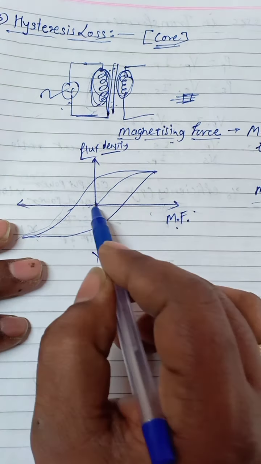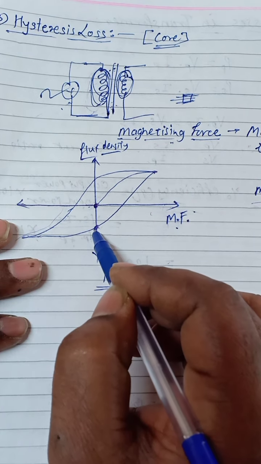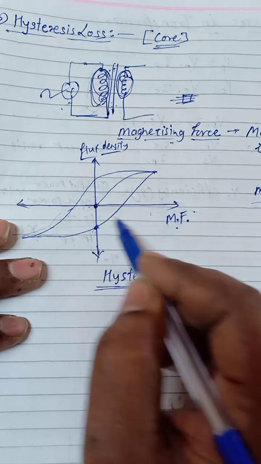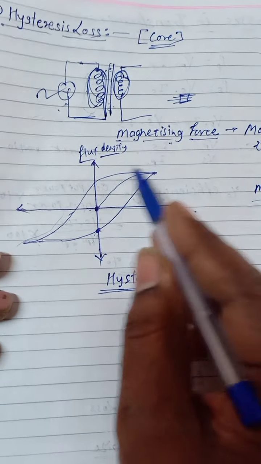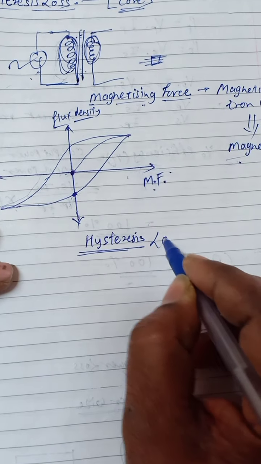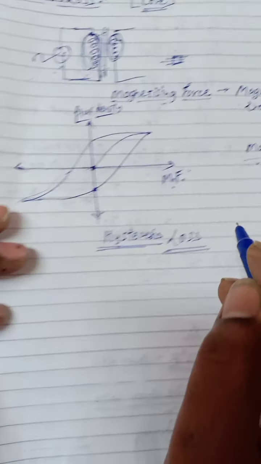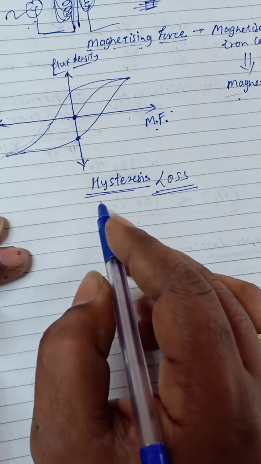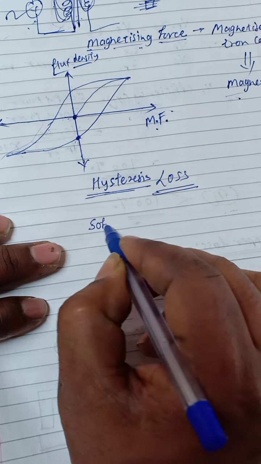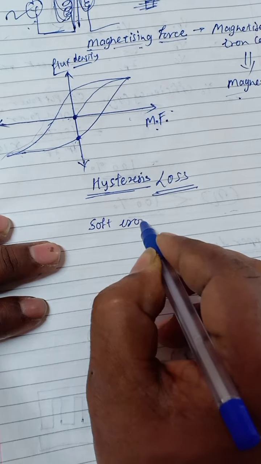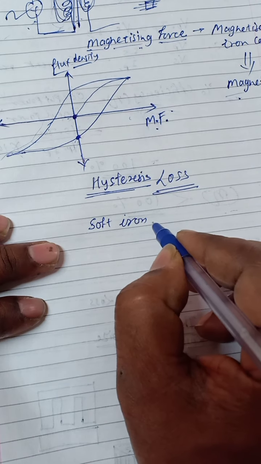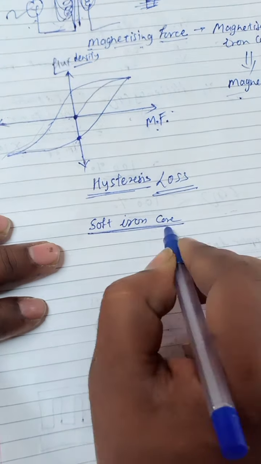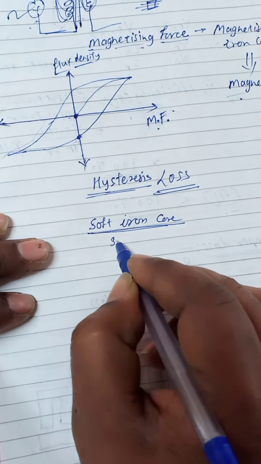When the magnetizing force becomes zero, the flux is not zero. This type of loss is known as hysteresis loss. This kind of loss can be decreased by using a soft iron core or silicon steel.